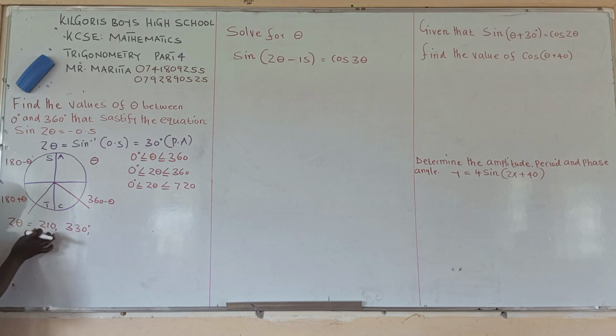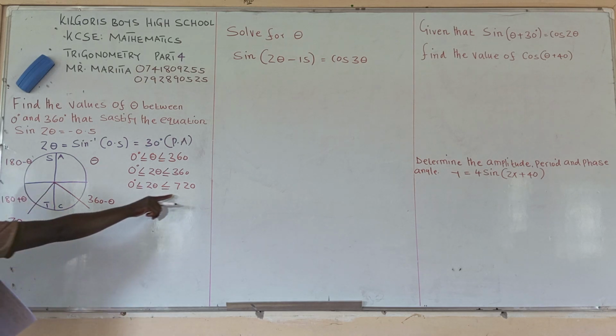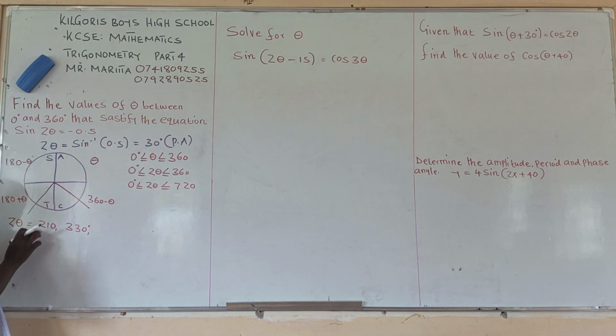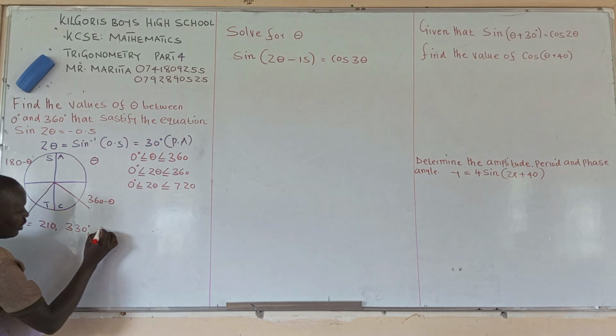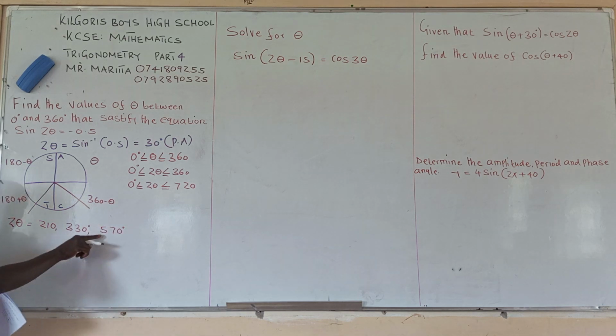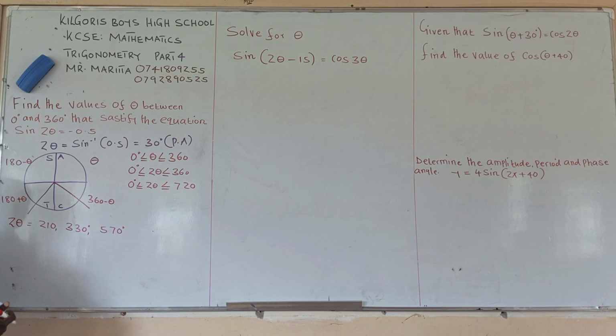We take this 210 plus 360 because we are moving another complete circle, such that we have up to 720. So 210 plus a complete circle of 360 is giving us 570. We are not yet out of the range of 720, so we move next.